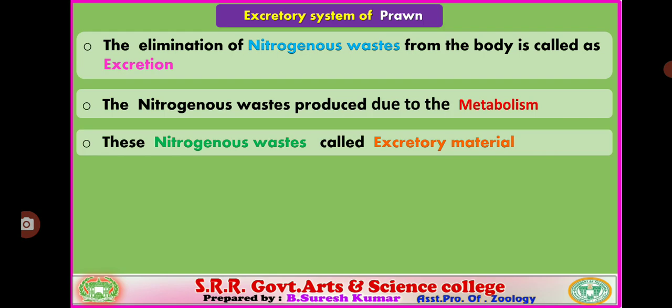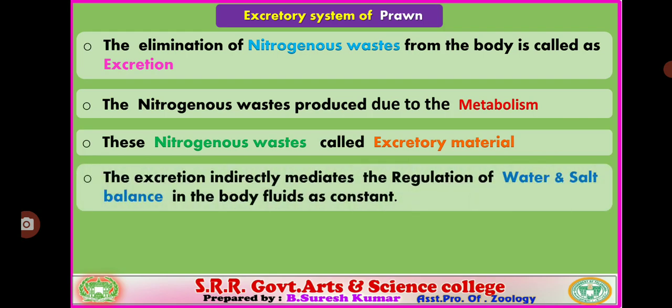So to avoid that, whatever nitrogenous waste is generated in the cell is expelled out from the cells from time to time through excretory organs. Such a phenomenon is called excretion.